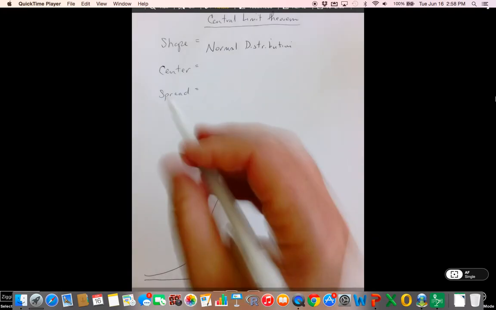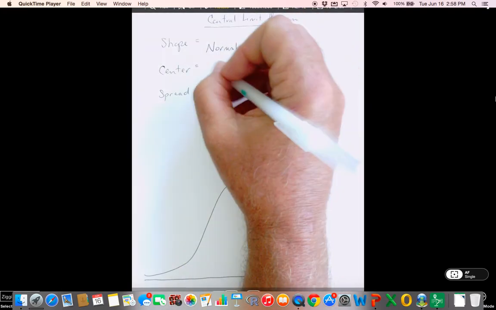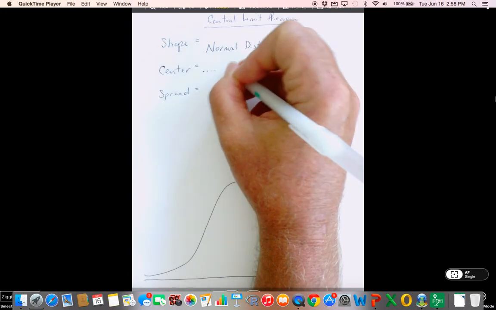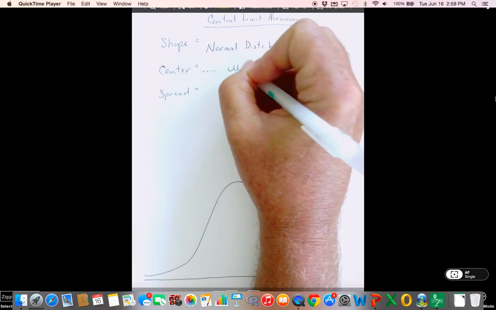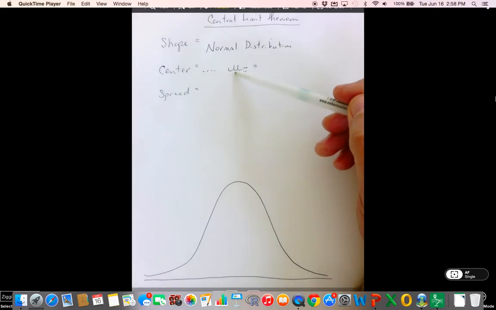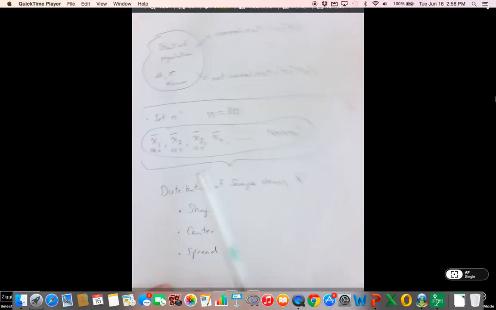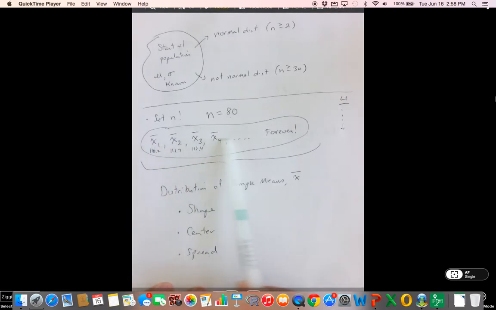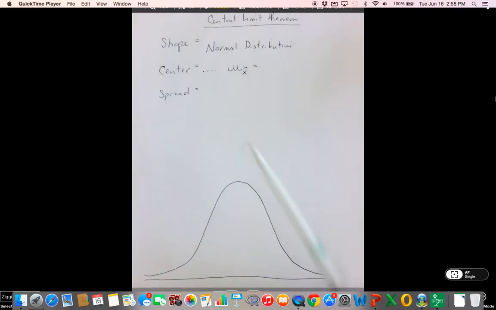Well, guys, new notation here. Their center of these sampling means. So let's talk about this. We got 2 conflicting notations here. The mu stands for the population mean. Well, that's what we want, right? We created a new population of these means, so we want to find the mean of those sample means.